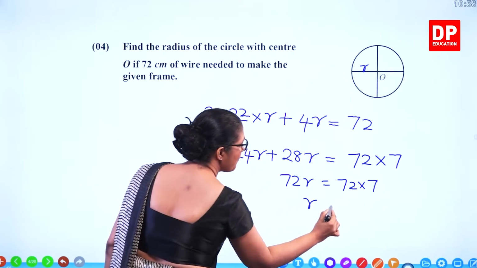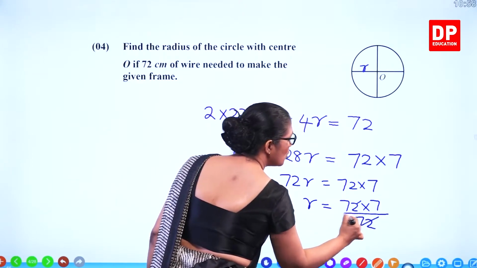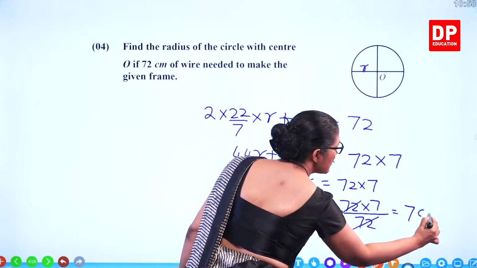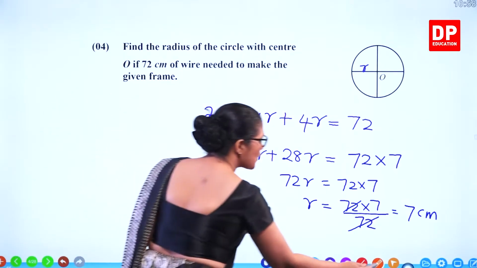So what is r? 72 times 7 over 72. So you get 7 centimeters as the radius. So 2 marks for that.